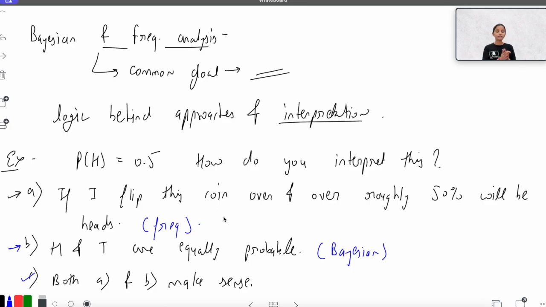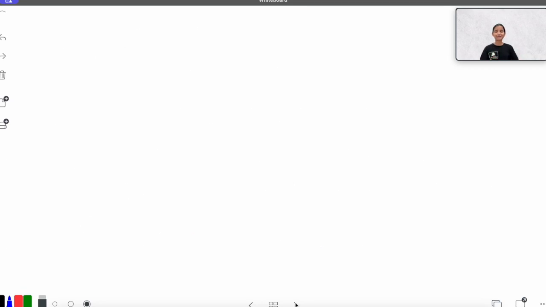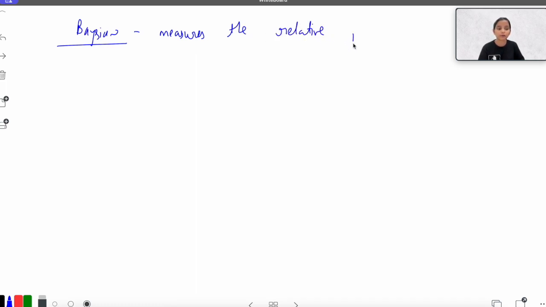But yeah, let's look at the basic differences between these two terms. What does the probability mean when we are looking at the Bayesian? So in the Bayesian, you can say, Bayesian measures the relative plausibility of an event.